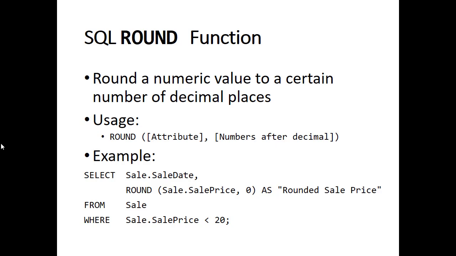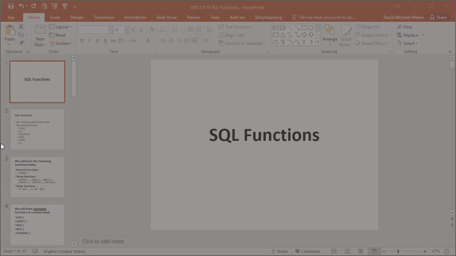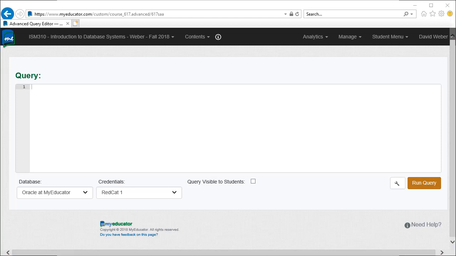If rounded sale price were one word, those quotation marks would not be necessary. This data is coming from the sale table, and we just want to see rounded sale prices that are less than $20. So let me open up my query editor for you. There it is, and my queries. Great. I'll paste in this query and run it for you.